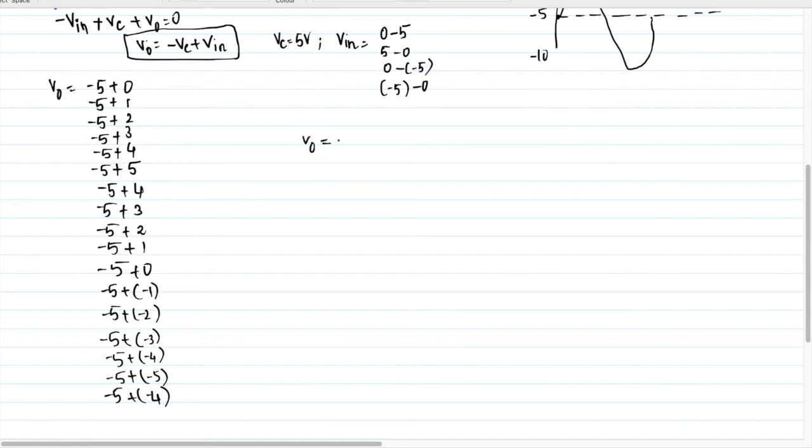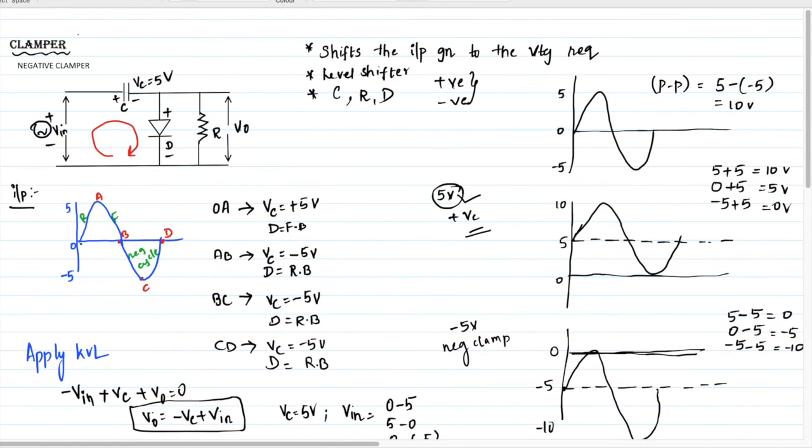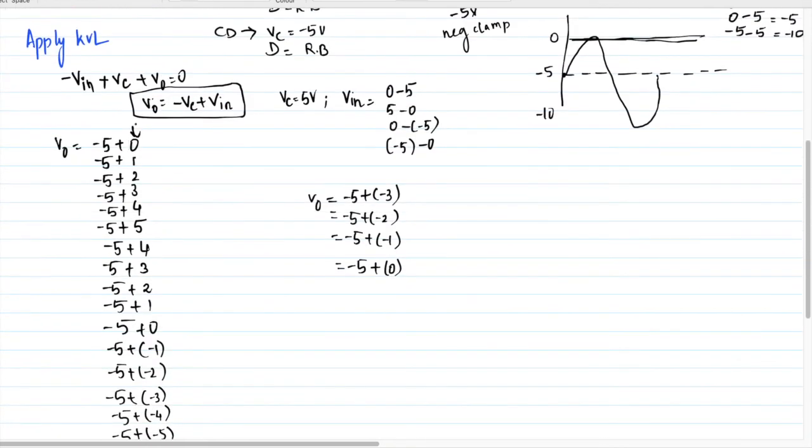V out equals minus 5 plus minus 3, minus 5 plus minus 2, minus 5 plus minus 1, minus 5 plus 0. So these are the input values from the given signal, that is 0, 1, 2, 3, 4, 5, 4, 3, 2, 1, 0. Again minus 1, minus 2, minus 3, minus 4, minus 5, minus 4, minus 3, minus 2, minus 1, 0. These are the input value ranges I have mentioned, and this minus 5 is the capacitor voltage.